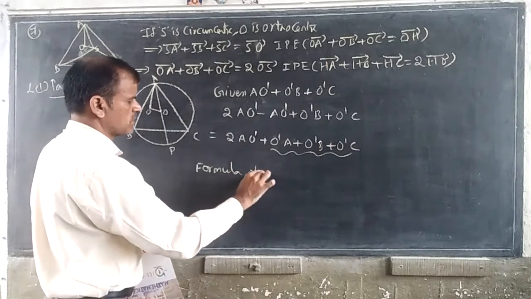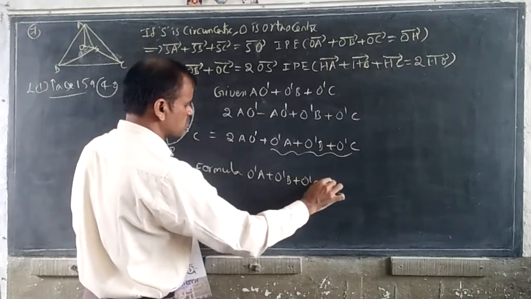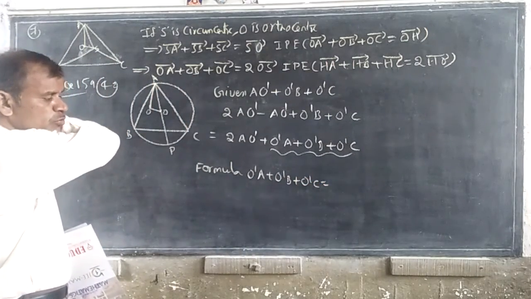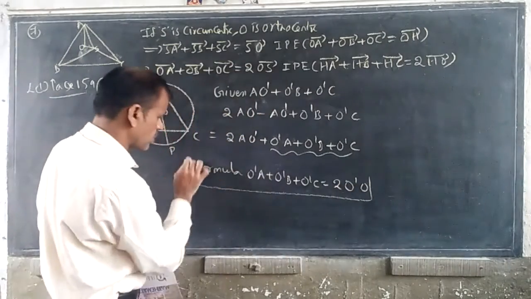O dash A plus O dash B plus O dash C is equal to, using the OA concept, 2 O dash O. We can write 2 O dash O, keep a pause.